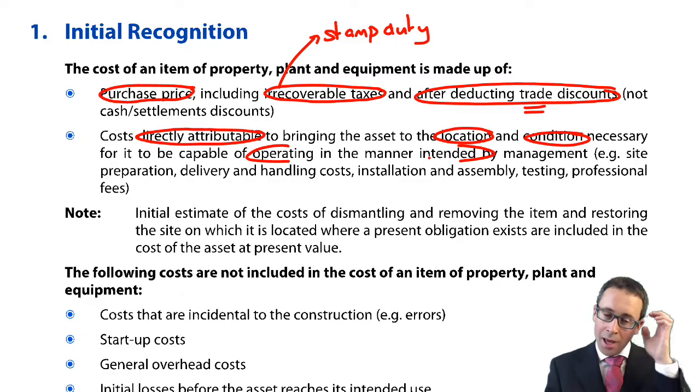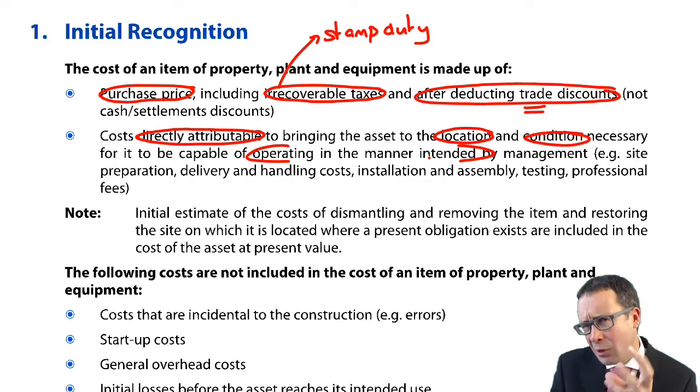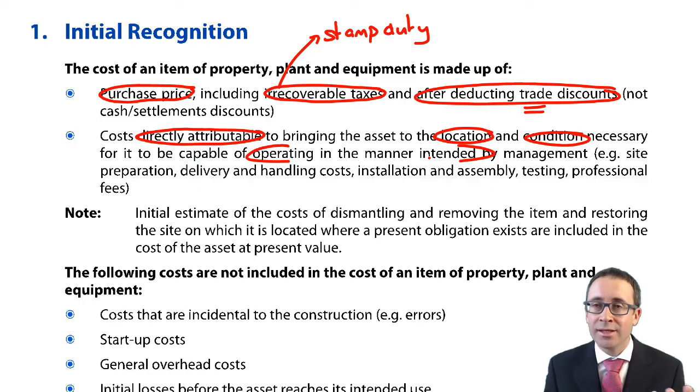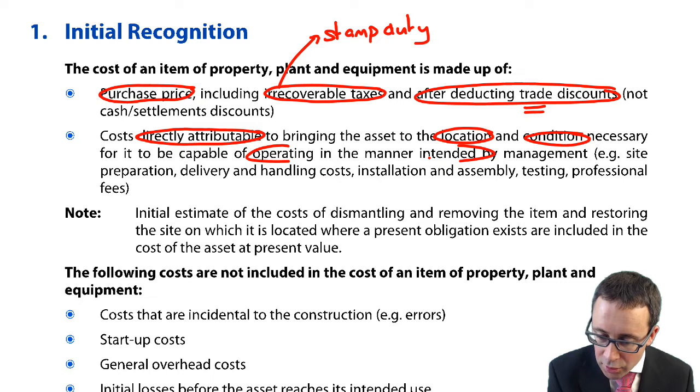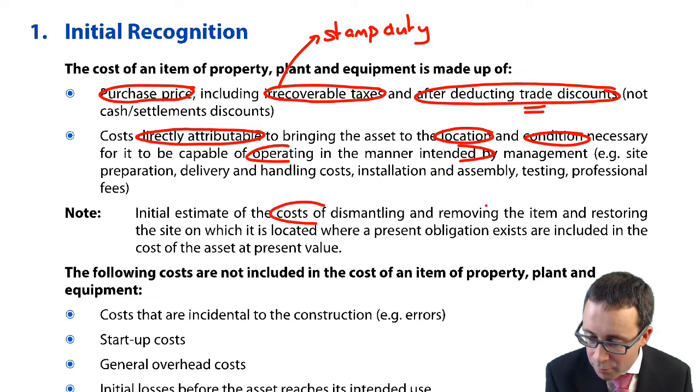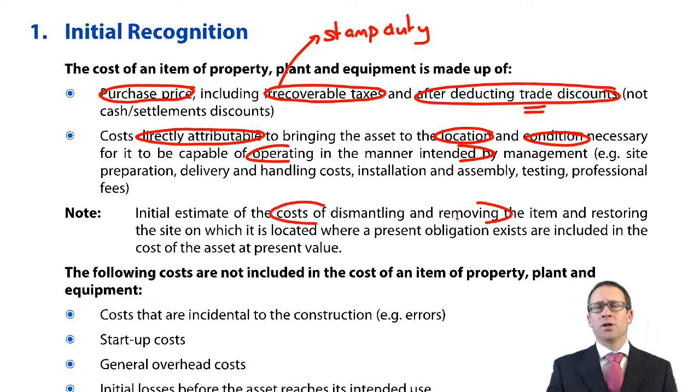Okay. Just a small little note, maybe go just a little bit too far. I don't know, we'll see, but it's best to throw it in, isn't it, in case it does crop up. You could have costs of dismantling and removing the item. So the common one that you tend to see is an oil well or an oil rig. You've built an oil rig in the sea or in the ocean somewhere, and then in 50 years' time you need to dismantle it.